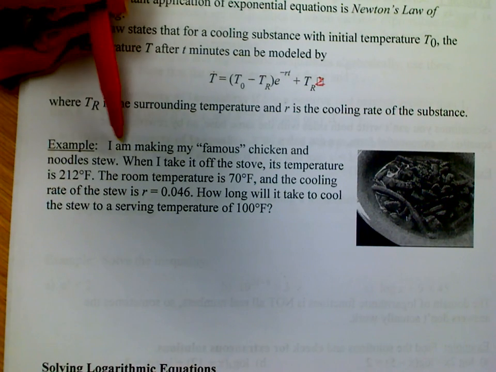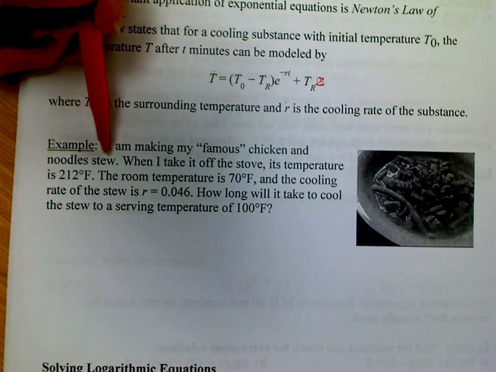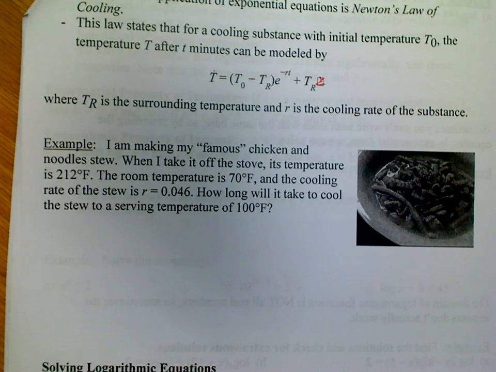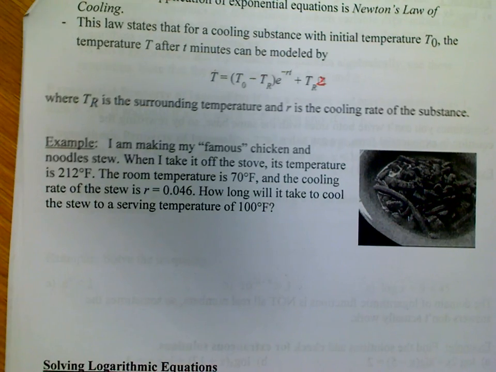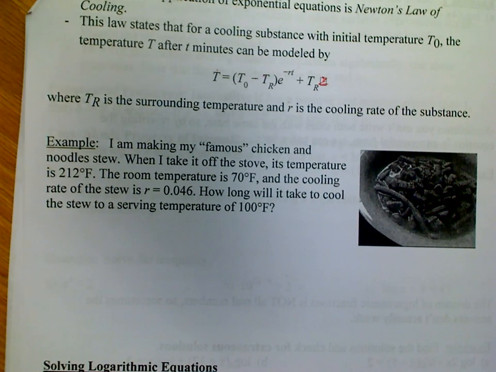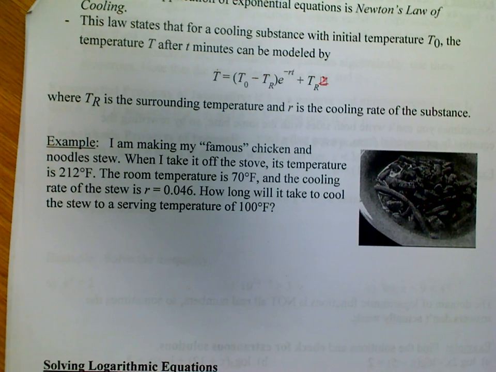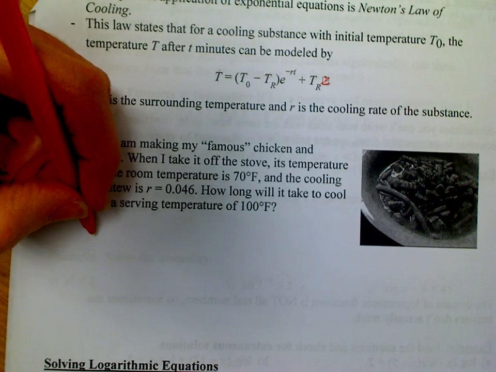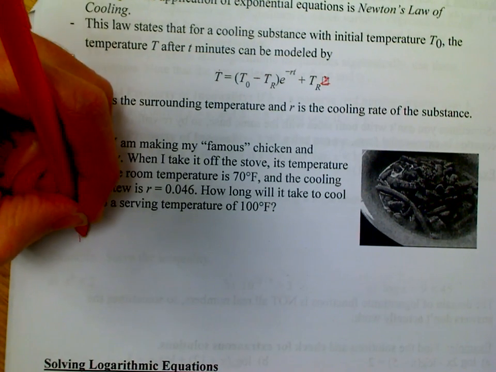So if you look at this example, it says I'm making my famous chicken and noodle stew. When I take it off the stove, its temperature is 212 degrees Fahrenheit. The room temperature is 70 degrees, and the cooling rate is 0.046. How long will it take for the stew to cool to a serving temperature of 100 degrees? So the final temperature I want is 100.